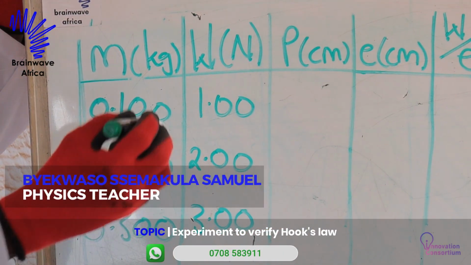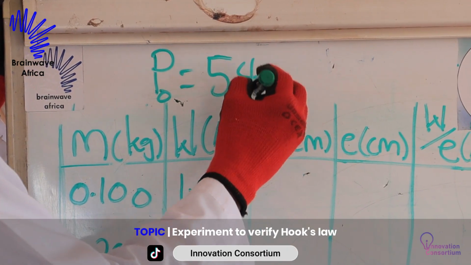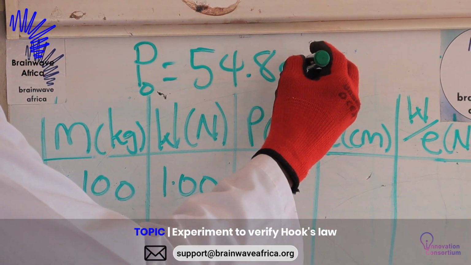The initial pointer reading, which we can call P0, is 54.8 centimeters.